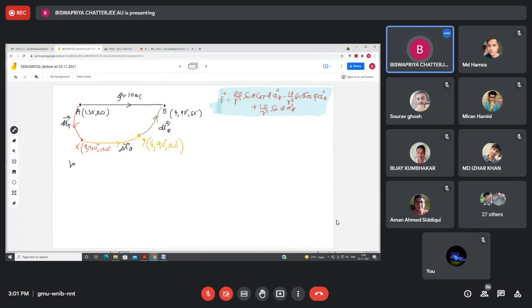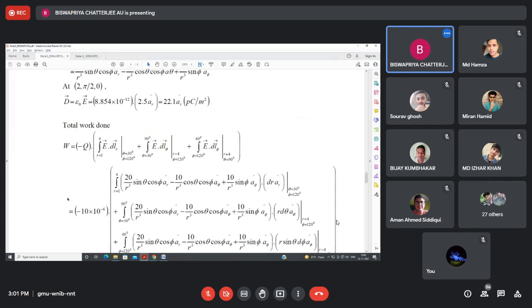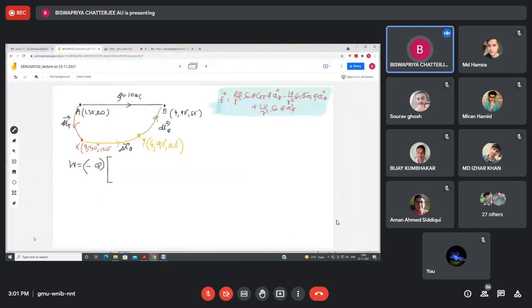So the total work done W will be equal to minus Q, definitely. Now the total integration must be carried out in three different parts. The first integration should be E dot dlr, integrating r from 1 to 4.